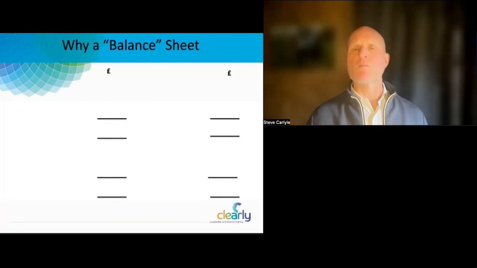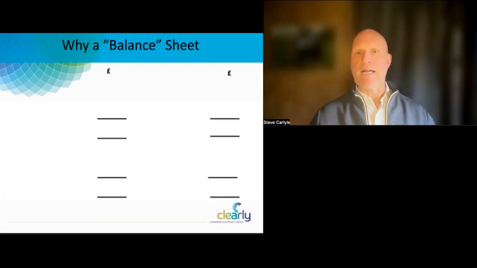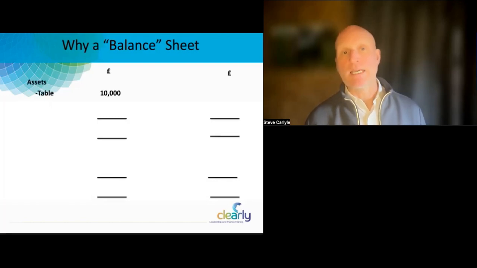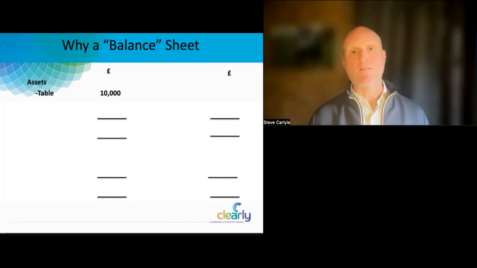And she starts off the business with £10,000, and immediately she buys a lovely, beautiful antique table with that £10,000. So her opening balance sheet, if you look on the left-hand side of the slide there, in her assets, she will have £10,000 worth of assets. She's got no liabilities.